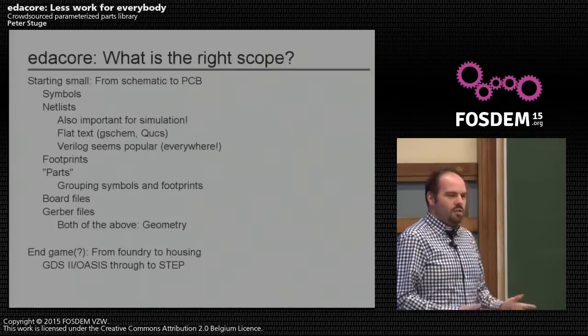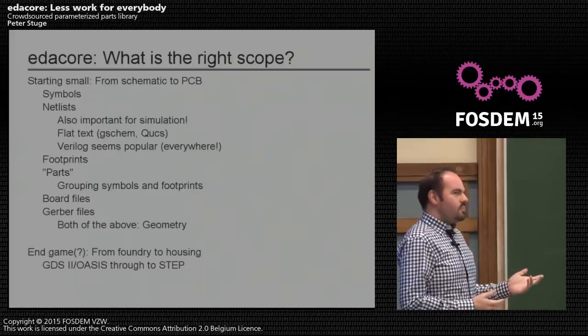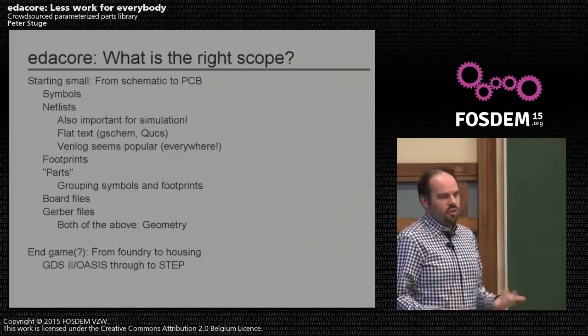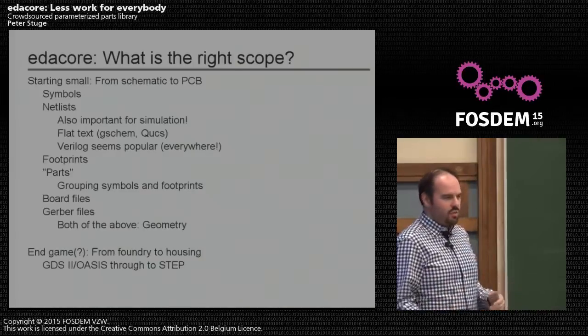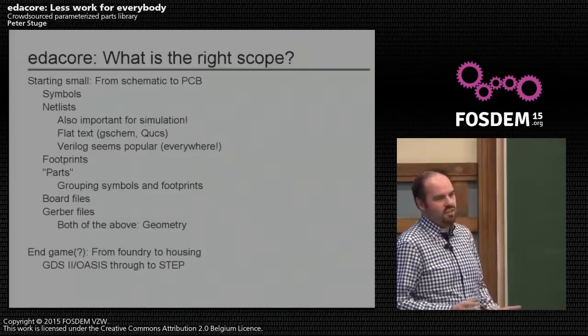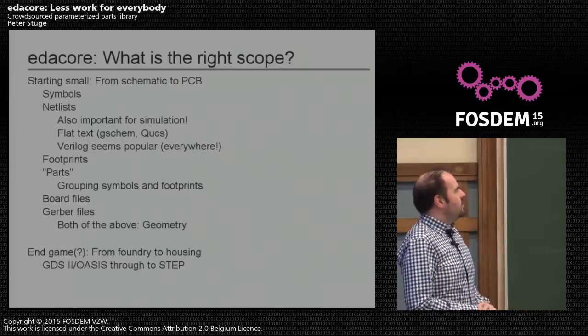So something like symbols and perhaps net lists as well. But if we're doing net lists, then as we know, this is also important for simulation. So then we suddenly have to consider one more set of requirements, needs.